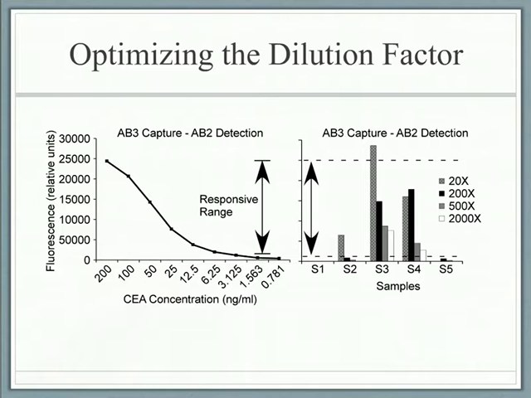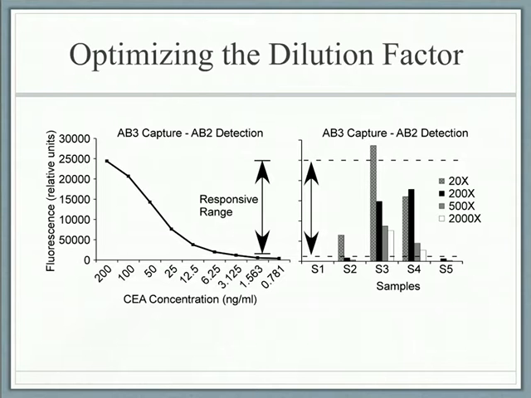And you can see, for example, with sample 3, the signals go down with increasing dilution as expected. And the reason there are differences in signals between the samples is because each sample is different. Each sample has a different amount of CEA in it. But in each case, the signal goes down with increasing dilution.